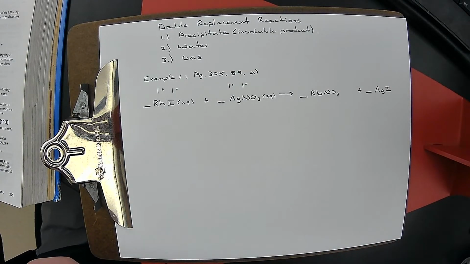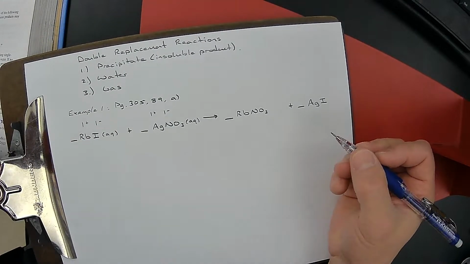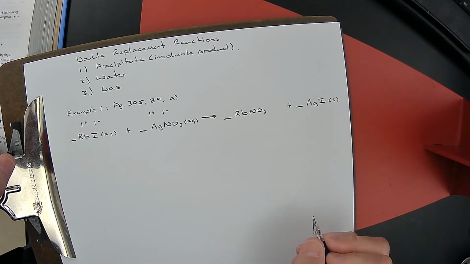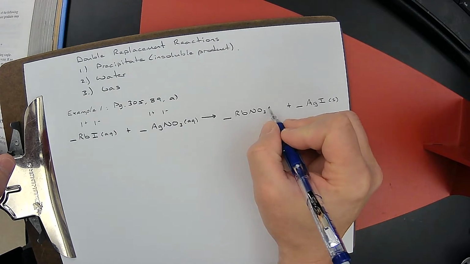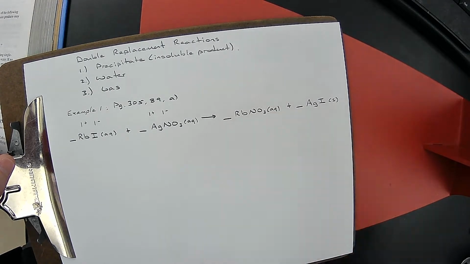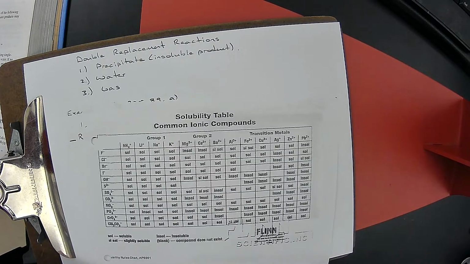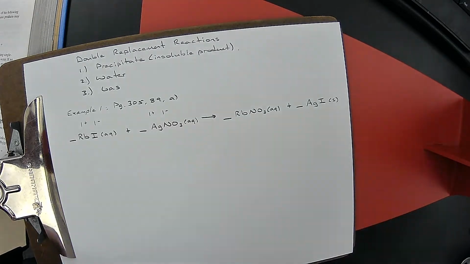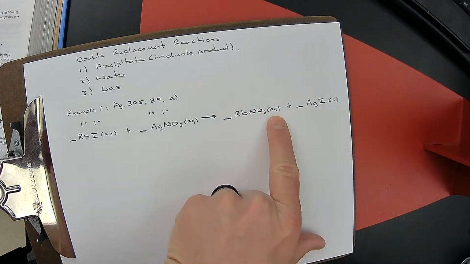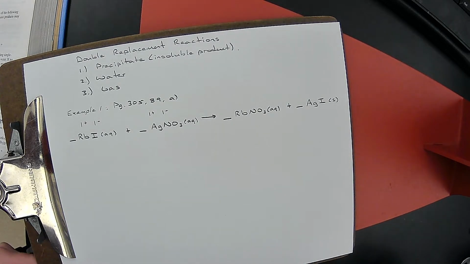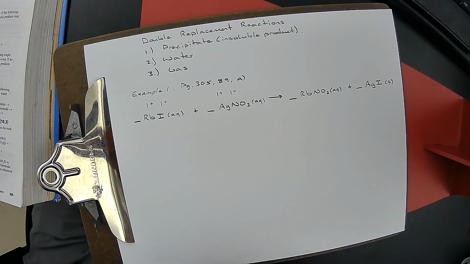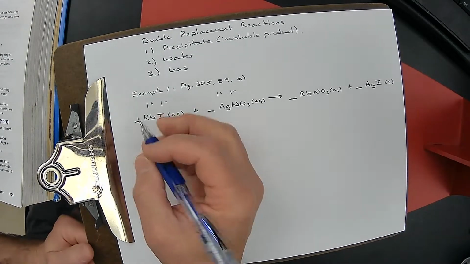AgI is insoluble, so it forms a solid precipitate. So we would put an S here for a solid precipitate, which means this one must be soluble, because the one is insoluble. RbNO3 must be an aqueous solution. So this is the complete equation.